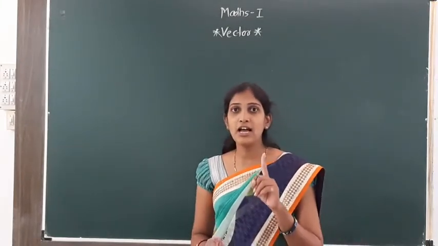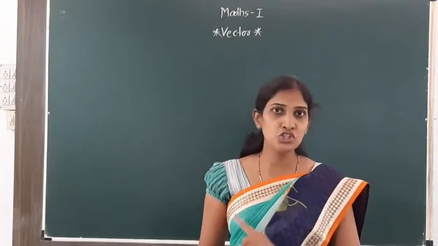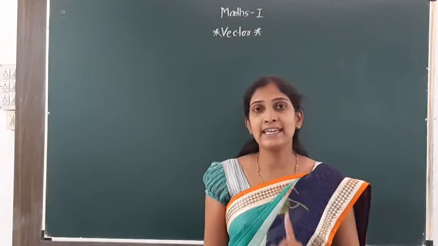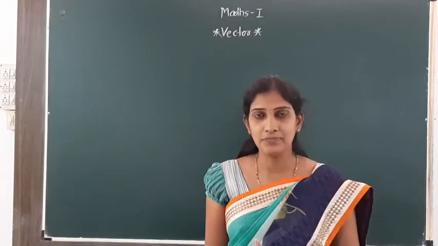Direction ratios of i cap are 1, 0, 0, of j cap are 0, 1, 0 and of k cap are 0, 0, 1.